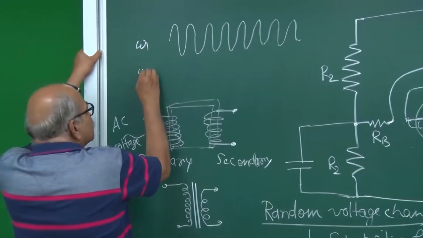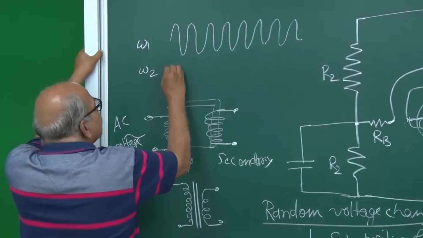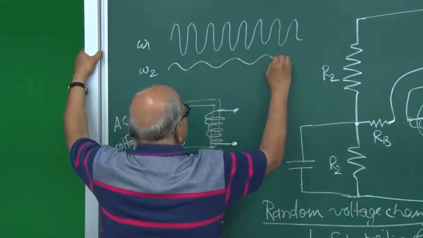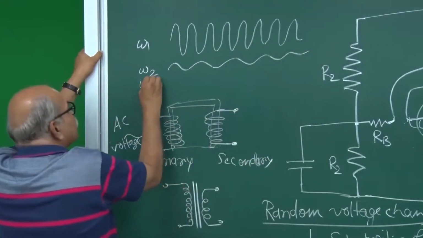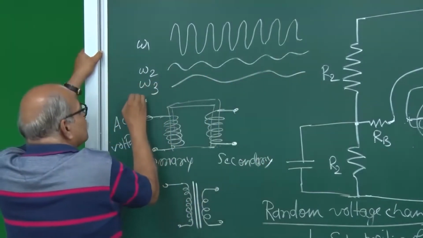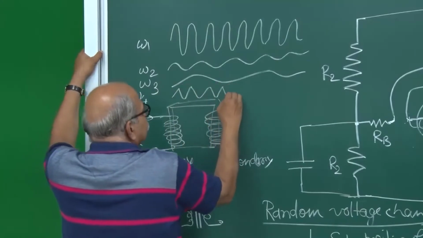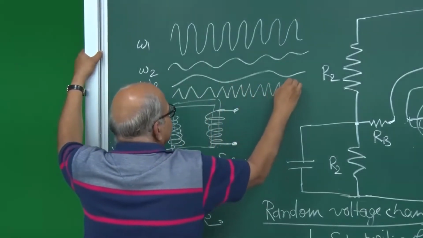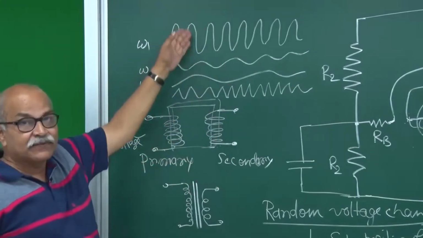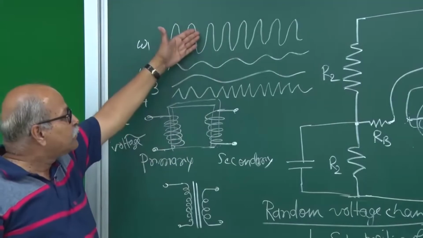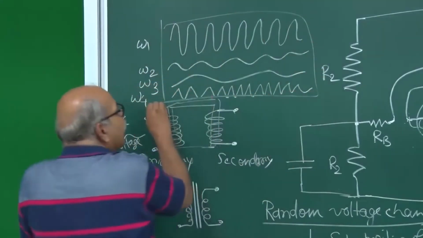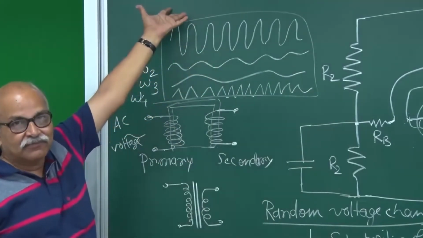If you take various angular frequencies, omega 2, omega 3, omega 4, a large number of appropriately chosen frequencies and appropriately chosen amplitudes, and add all these things, you can produce varieties of waveforms.